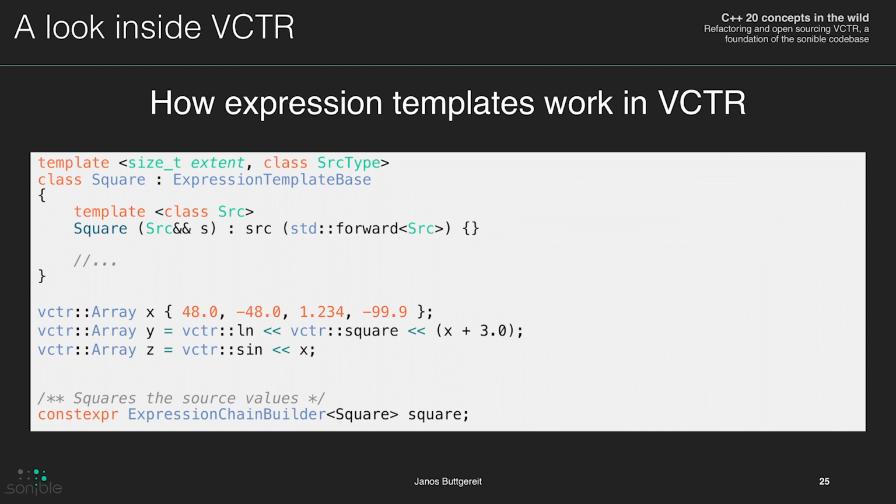As you might know, the stream operator is only defined on instances, so you can't have a class with a static stream operator. This just doesn't work. So ln, vector square, vector sign, as you see here, are all constexpr variable instances, and they have an overloaded stream operator for different purposes.